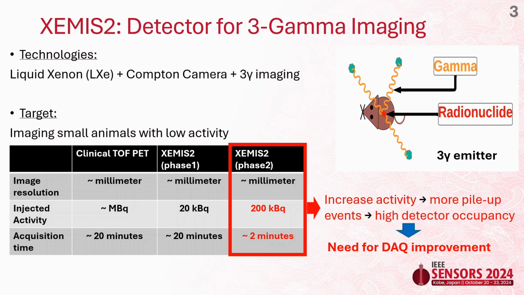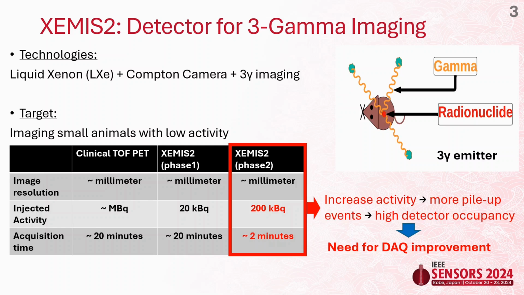In the first phase of Xenon 2, we aim to reach this quality with low activity levels. And later, we plan to reduce acquisition time to 2 minutes by increasing activity. But this creates a high detector occupancy as too many events are detected at the same time, causing overlap that the system can't separate clearly.